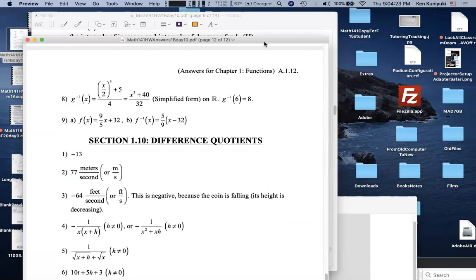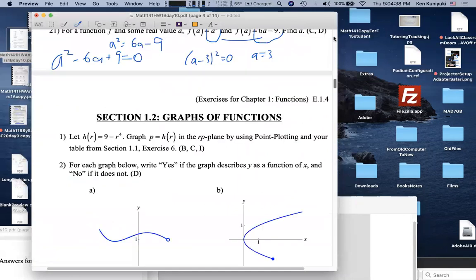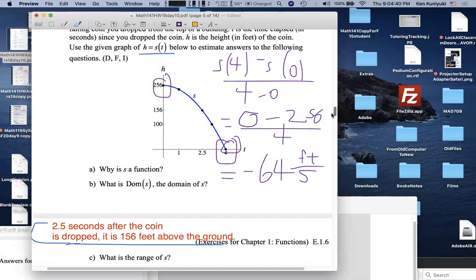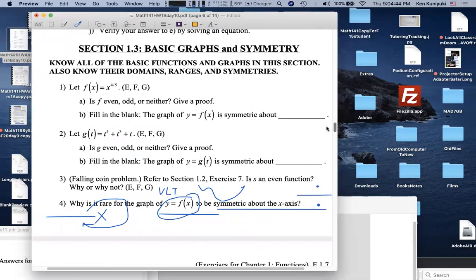Yeah, -64 feet per second. All right. Oh, on 1.3. Well, the proofs would require some knowledge, right?